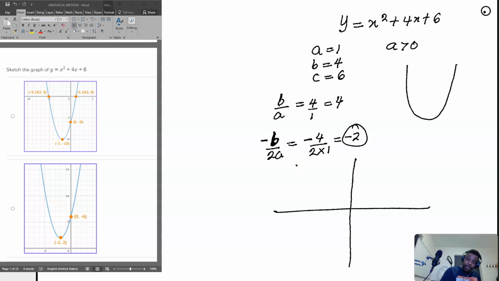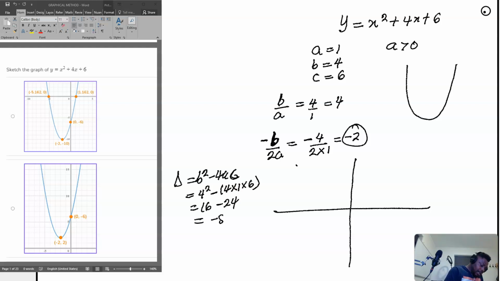And another thing before we draw, remember we can get the value of our discriminant, d is equal to b squared minus 4ac. Okay, b is 4 squared minus 4 times, what is a? a is 1 and our c is 6. So this is 16 minus 24. That is minus 8.